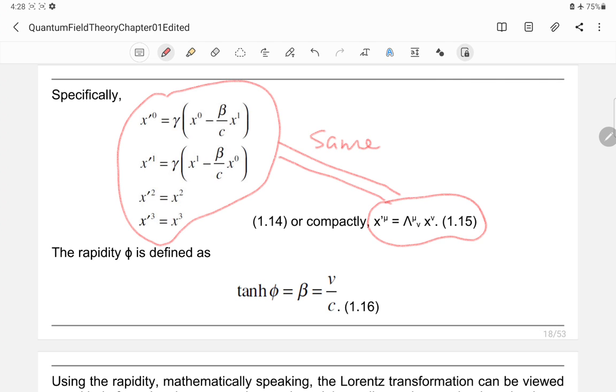And then we also have rapidity phi, and the hyperbolic tangent of phi is defined as the beta here. That's just, of course, the velocity, the speed of the particle or the speed of the event, divided by the speed of light.